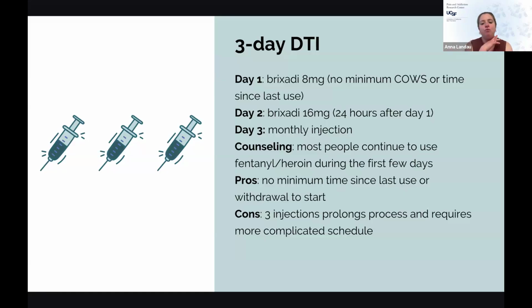The downside to this one is that a 3-injection process extends a process that people feel mildly poorly during, and requires a more complicated schedule. You need to be able to find someone 3 days in a row, or they need to be able to find you 3 days in a row, or 3 days over a relatively short amount of time.